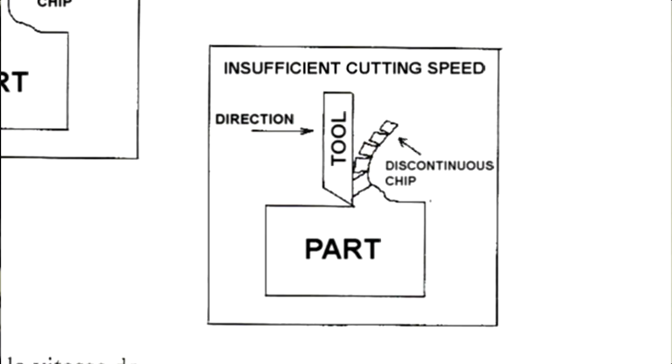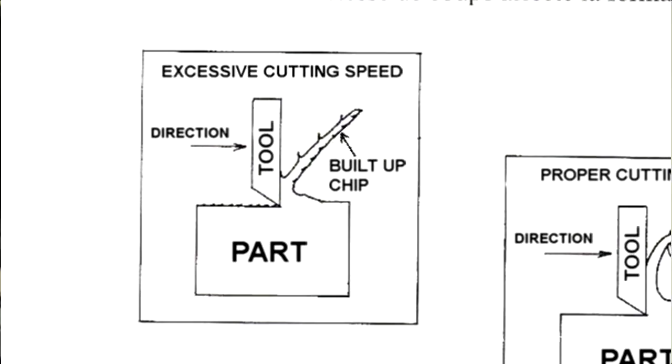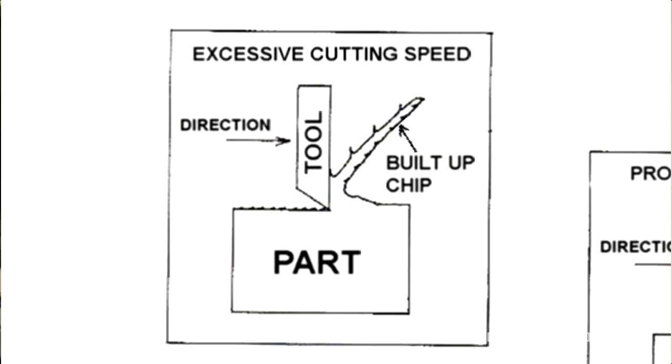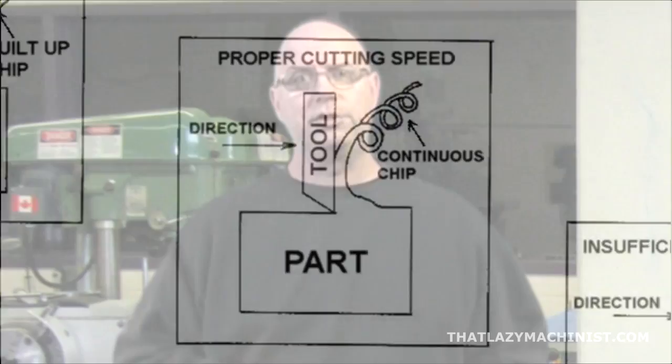CS, or if you prefer cutting speeds, affect chip formation as follows. A cutting speed that is too low has a tendency to produce a discontinuous chip. Too high a cutting speed will tend to produce a built-up or adherent chip, and a proper cutting speed will obviously produce a continuous chip.